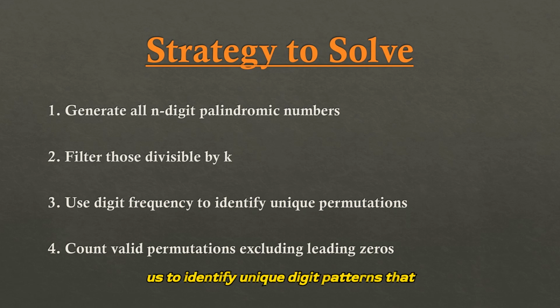This allows us to identify unique digit patterns that might be rearranged to form it. Finally, for each unique digit pattern, we calculate how many n-digit numbers can be formed with those digits, making sure to exclude those starting with 0. This structured approach helps ensure correctness and efficiency.